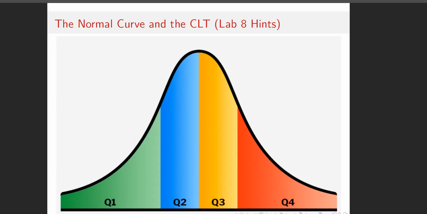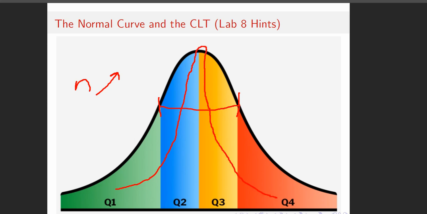So here's the key thing, right? As n increases, as our sample size increases in these sampling distributions, the standard deviation also decreases, right? I end up with a much narrower bell as the sample size increases, and then my estimate of the average, which is right here in the center, right?